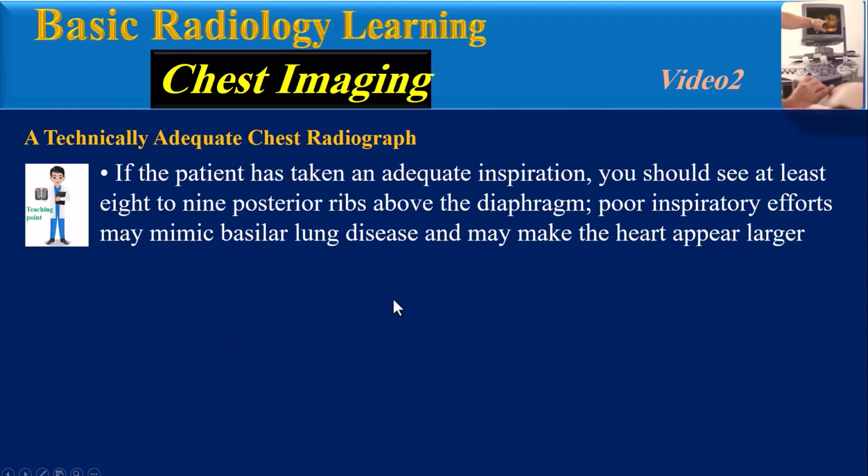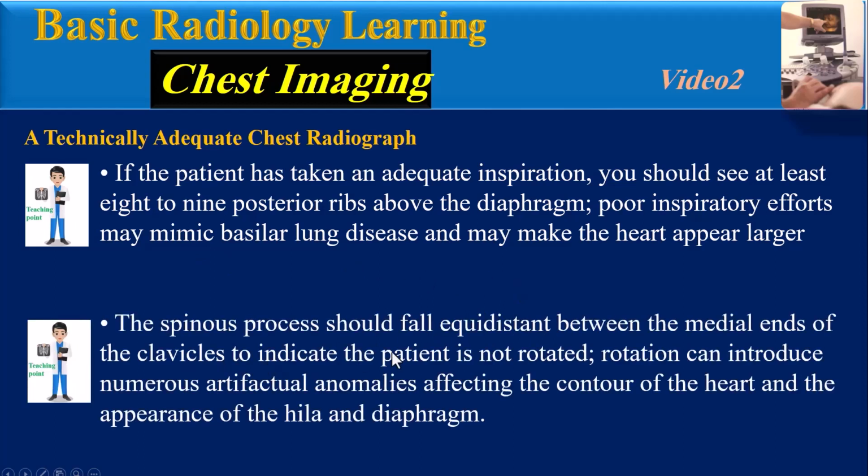If the patient has taken an adequate inspiration, you should see at least 8 to 9 posterior ribs above the diaphragm. Poor inspiratory efforts may mimic basilar lung disease and may make the heart appear larger. The spinous process should fall equidistant between the medial ends of the clavicles to indicate the patient is not rotated.